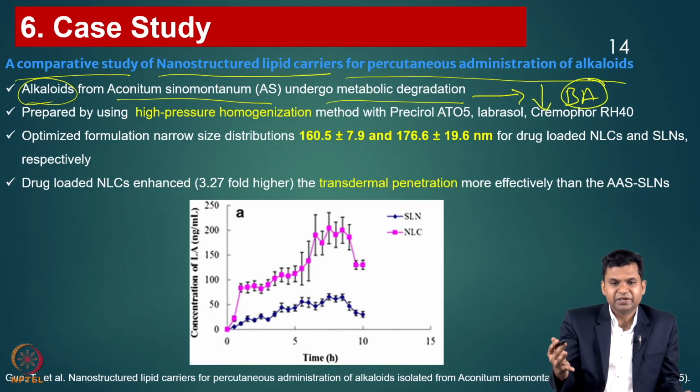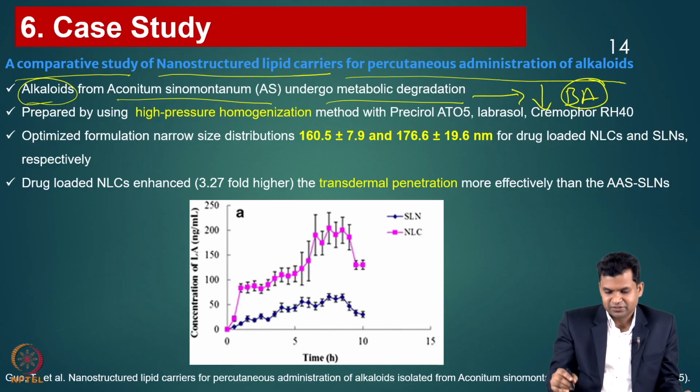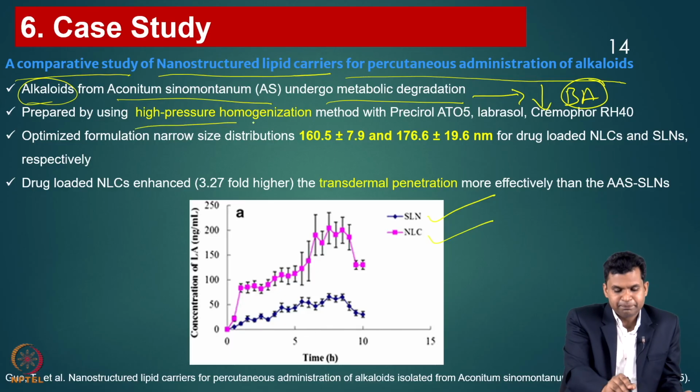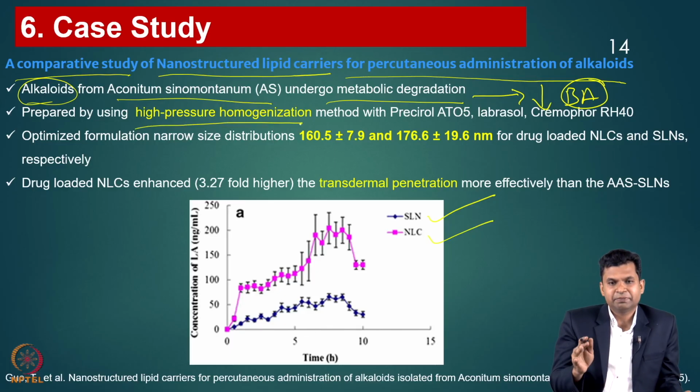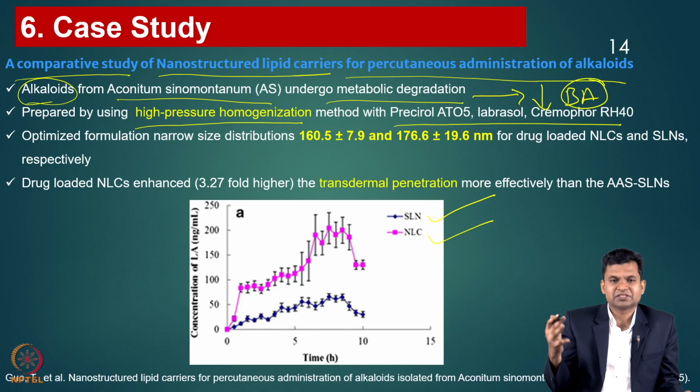And to enhance the bioavailability, the authors converted their active alkaloid extract phytoconstituent into two carriers. One is with the SLN and then with the NLCs, right? They used the high pressure homogenization technique to reduce the particles into the nanometer range. That is, they prepared SLN and NLC with the same instrument, and they used these ingredients to prepare nanostructured lipid carriers as well as SLNs.